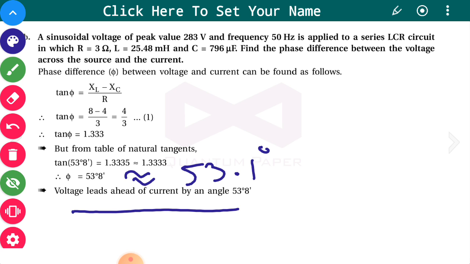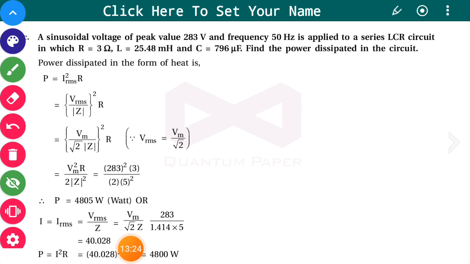Okay, very easy calculation. Now same example, we want to find the average power dissipated in the circuit. Power is dissipated across R, so I square RMS into R. Now I RMS is V RMS upon modulus of Z, and V RMS is Vm by root 2.